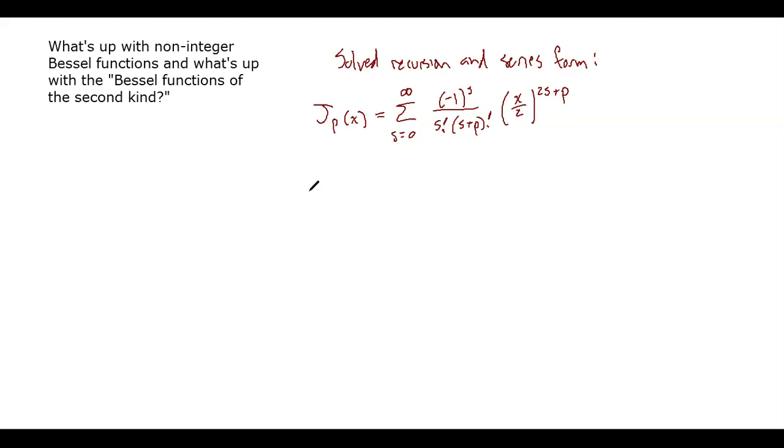Okay, what's the problem if p isn't equal to an integer value? I have no problems here. What do I actually have a problem with?